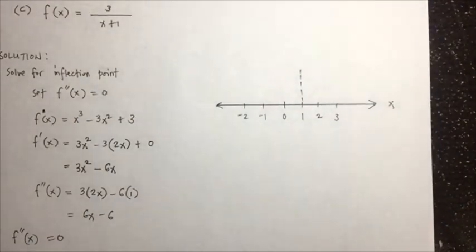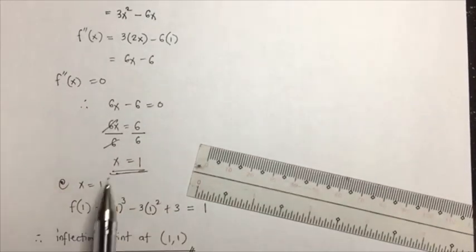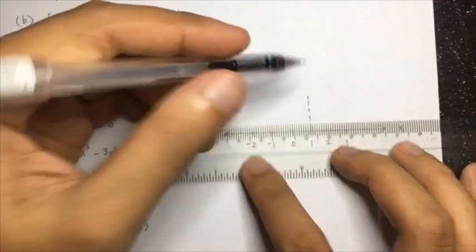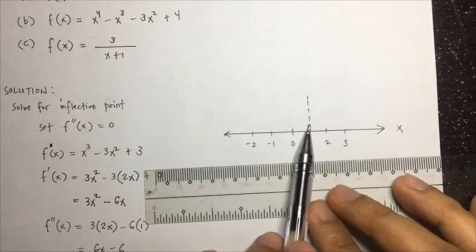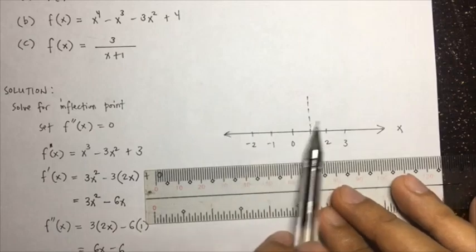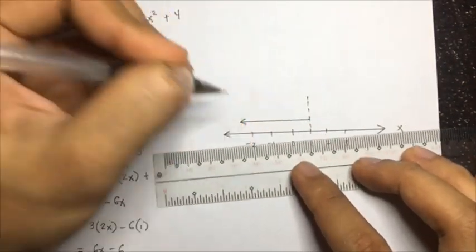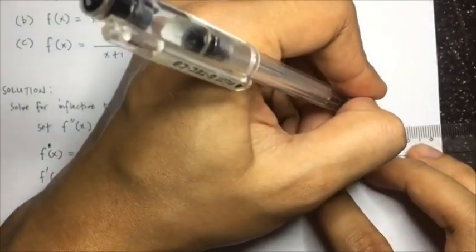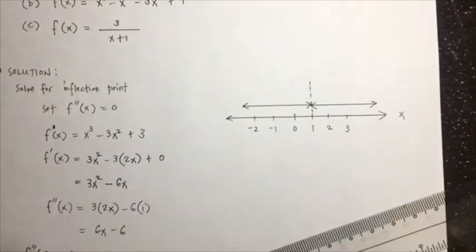Our interval will now be divided by the inflection point, so we have two intervals: x less than 1 and x greater than 1. Those are the intervals for which we will determine if it is concave upwards or concave downwards.